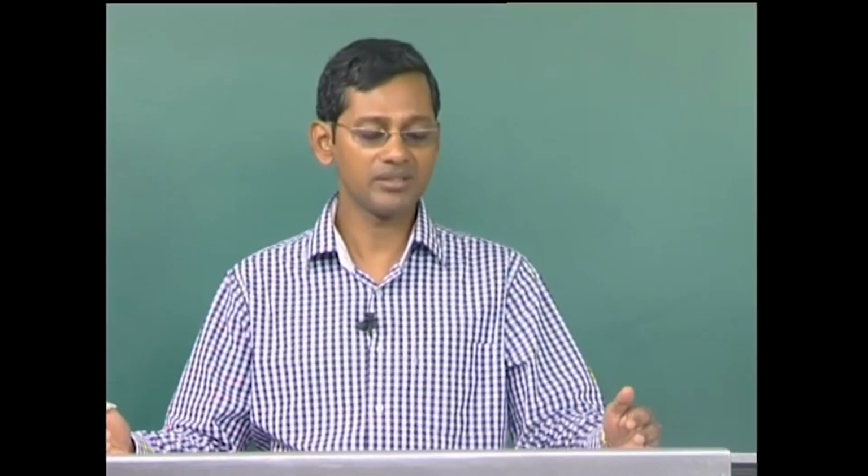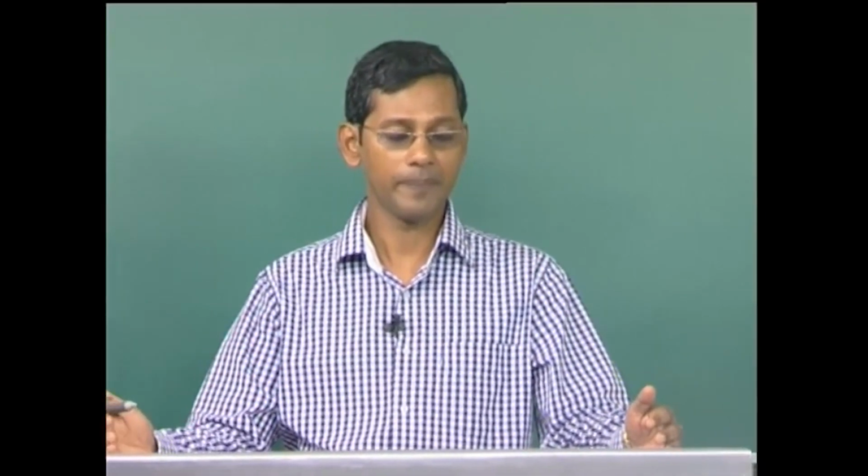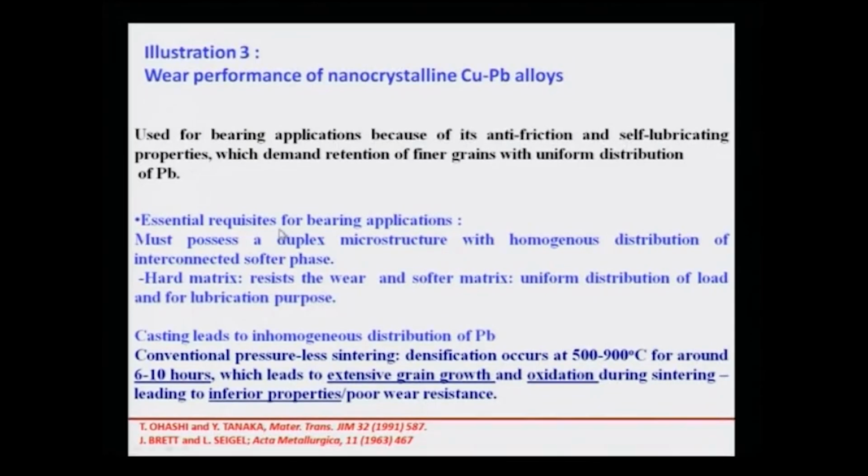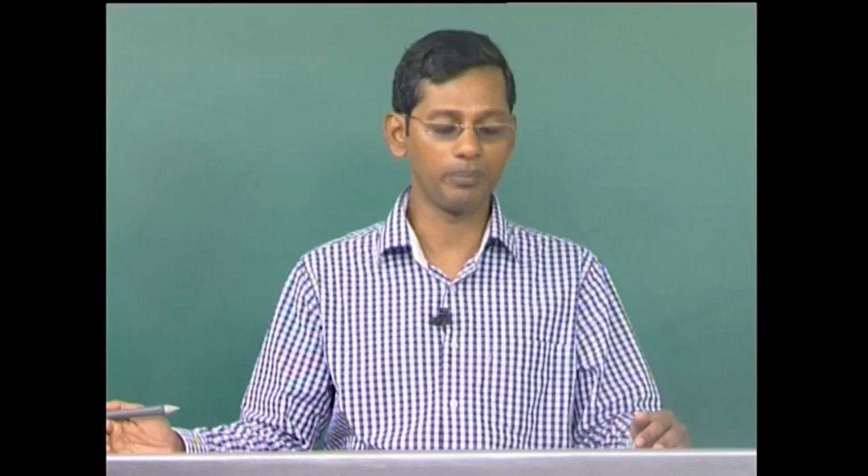Normally, for any bearing application, we know the material must have the following requirements as far as the microstructure is concerned. First of all, it must have a duplex microstructure consisting of a homogeneous distribution of second particles like lead here in a matrix of copper.